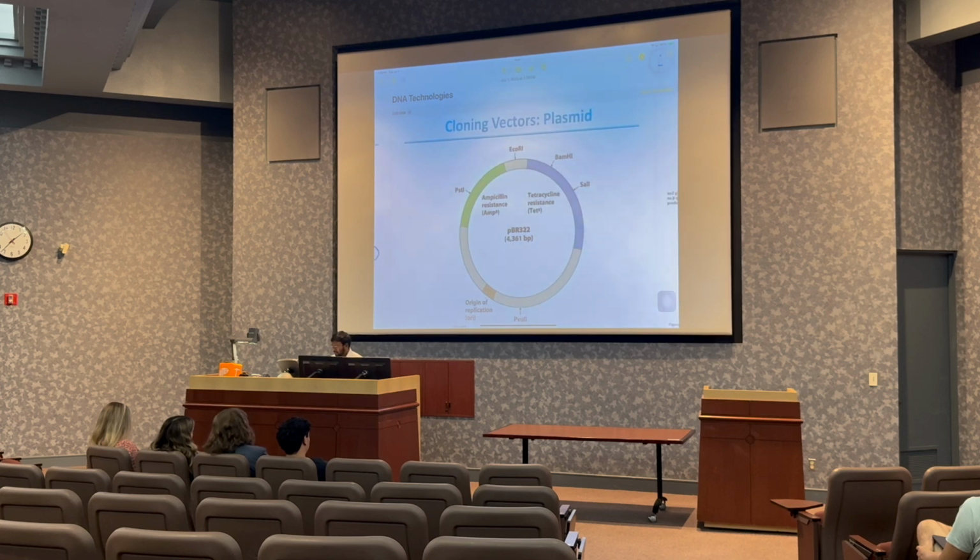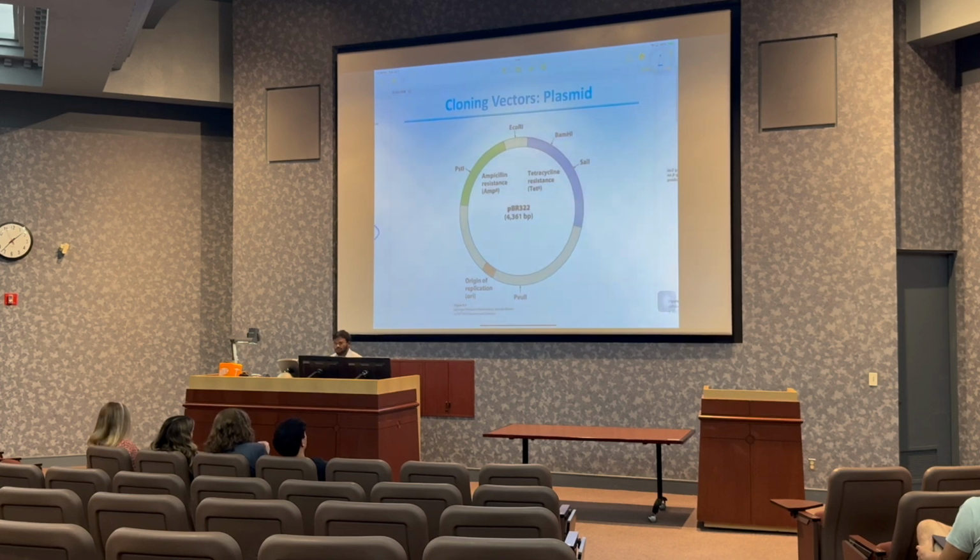What are they? See, this is a plasmid. This is how a plasmid should look. Now I think you are able to understand what you mean by SalI, BamHI, EcoRI, PstI. What are they? They are restriction endonucleases.